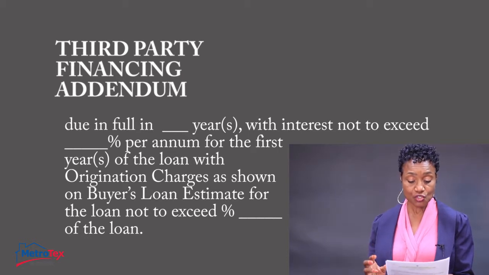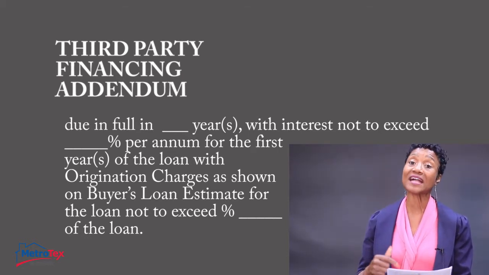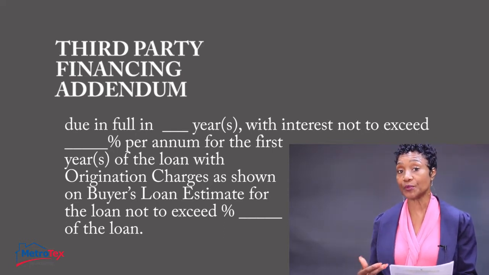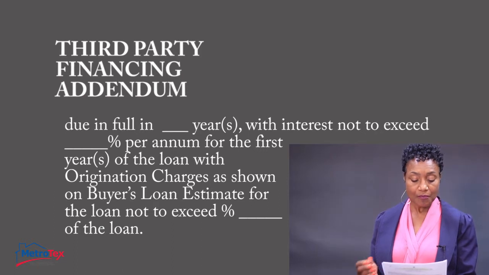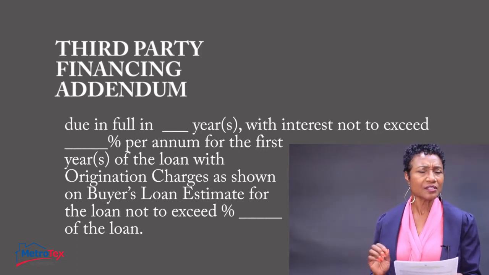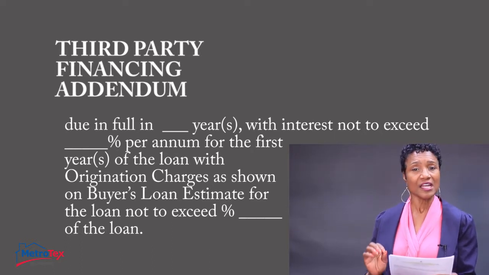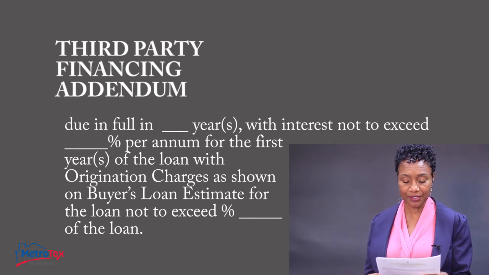Also, the interest rate and some of the other things that come out of this always refer back to the lender approval or the lender pre-qualification letter. We also talk about buyer's loan estimates for a loan not to exceed. Generally, you can up that about 0.5% just in case the interest rate adjusts during your time period.